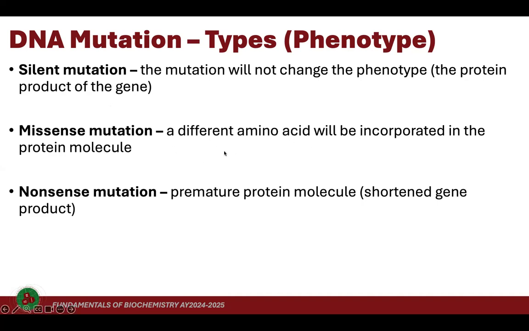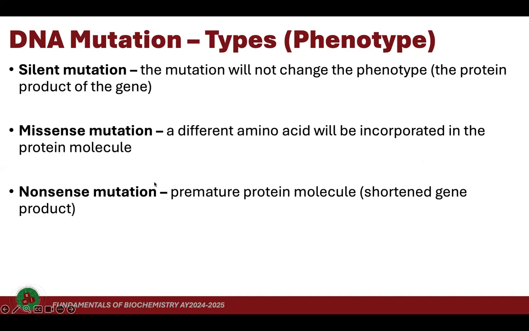But it can also be a drastic change. Like, for example, if you have the originally lysine, which has a positively charged side chain, and then it gets changed to leucine, then that will definitely affect the function of the protein molecule. Then we have a nonsense mutation.